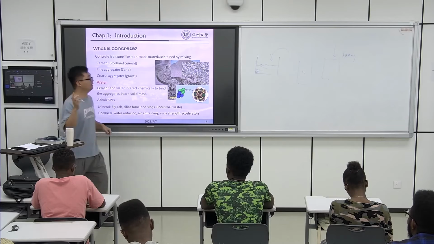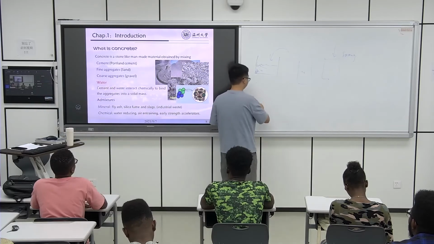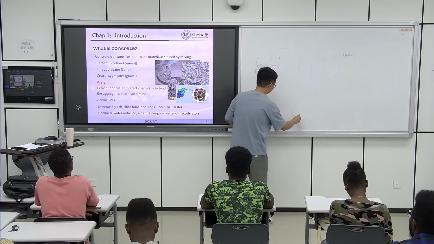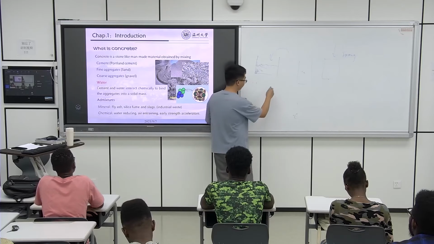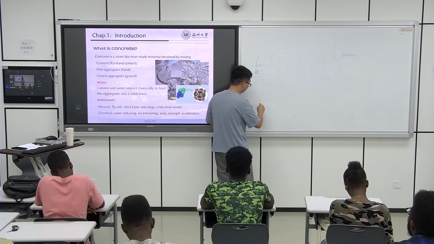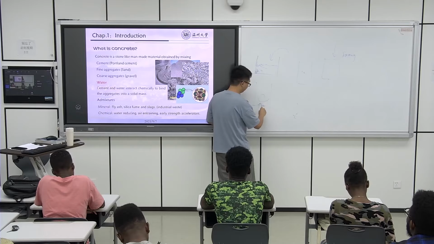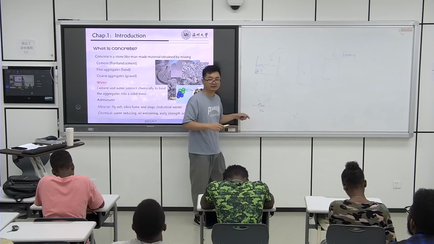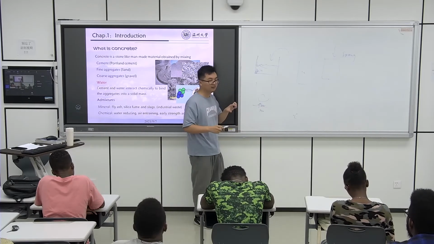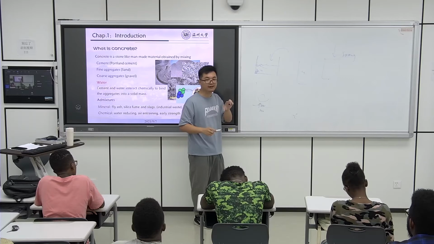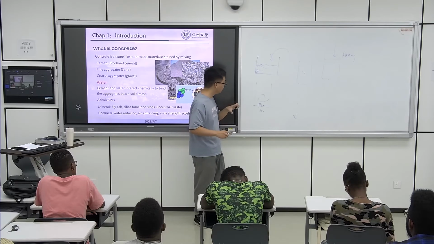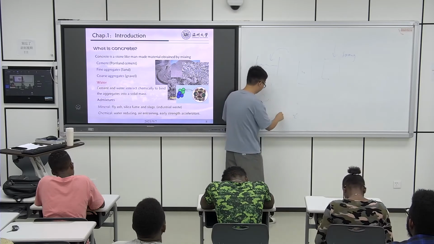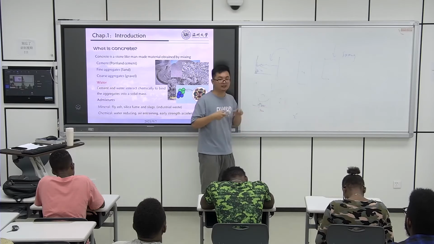So we divide it into different stages, okay? This is the time axis. At the initial stage, we need a good flow state, so the slump ruler value should be higher, larger, right? But after the initial stage, we want the slump value to be small for high hydration.